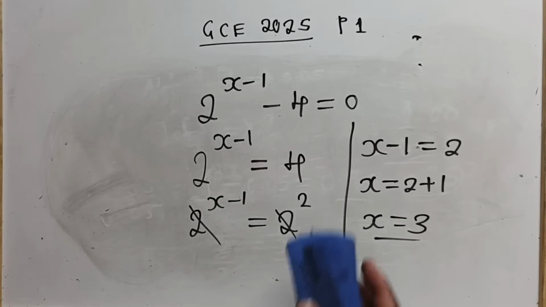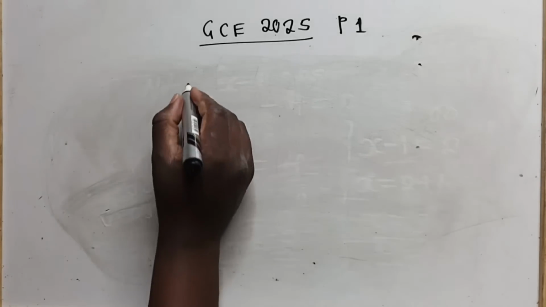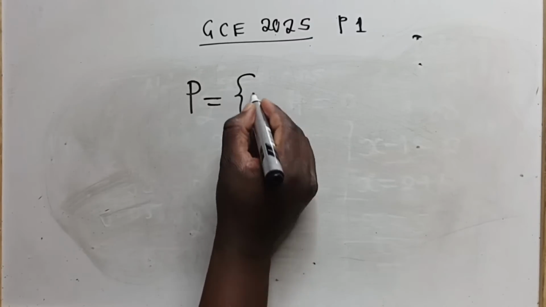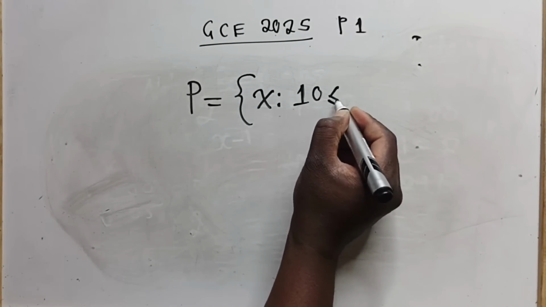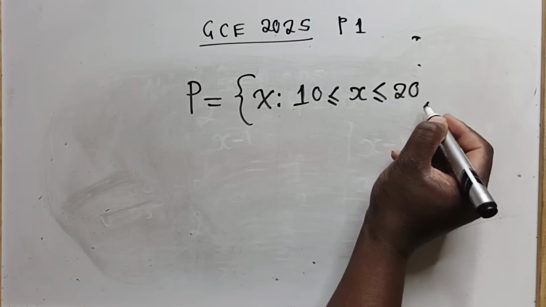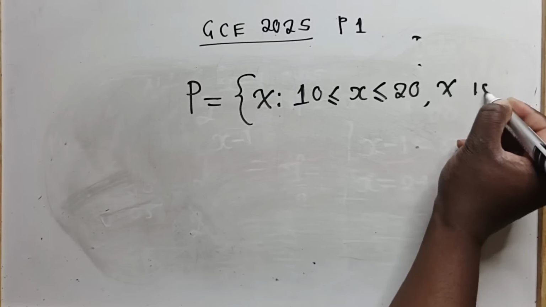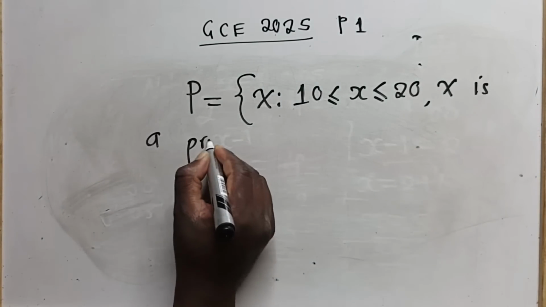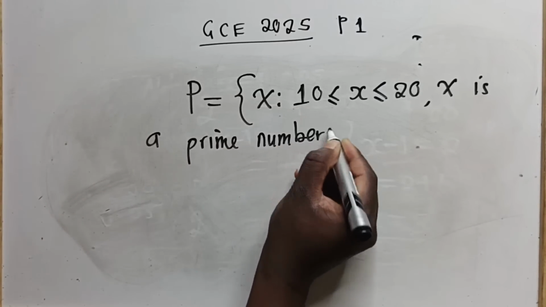So now let's go to question 10a. The question reads: given that P is equal to the set of X such that 10 is less than or equal to X, less than or equal to 20, and X is a prime number.